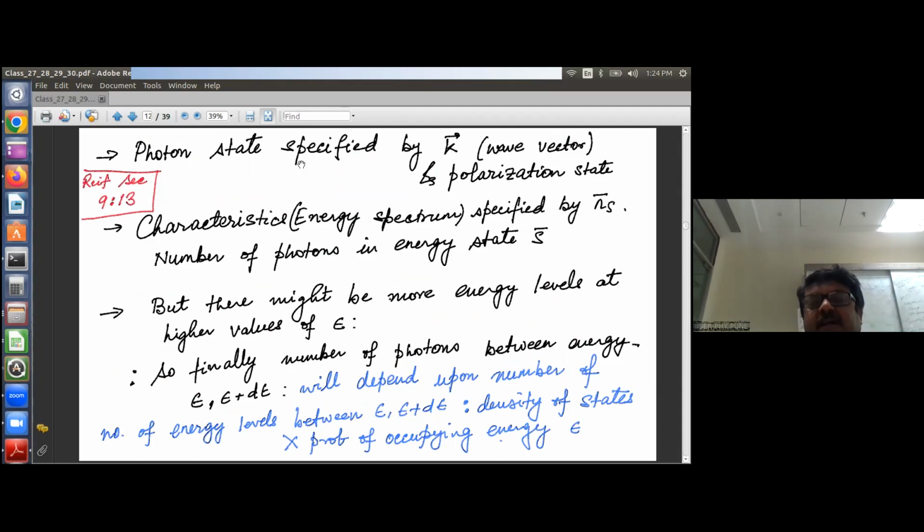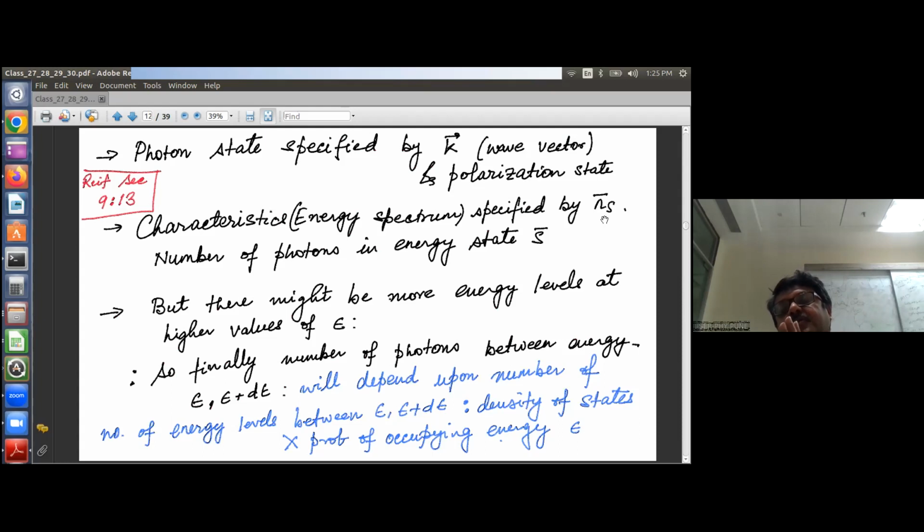So electromagnetic radiation, Maxwell's law had already developed, but we want discrete values of energy. And what is the idea that we're going to use to get discrete values of energy? That's the topic of today's discussion. Also it is known that light can be polarized, so there are two polarization states. The assumption is that the energy spectrum is characterized by n bar s. How many photons do you have at low energies?